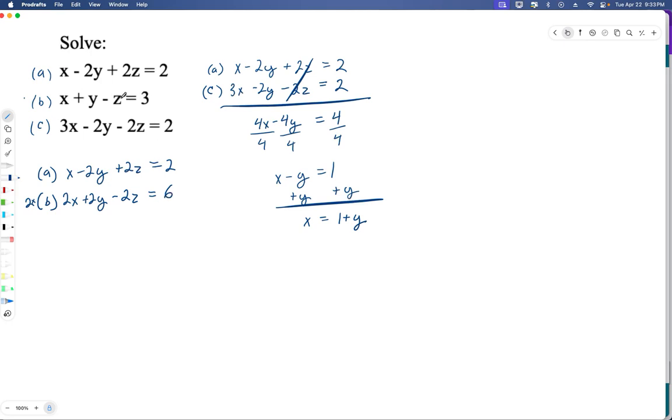Put a 2 in front of each of these and multiply that by 2. So now when I combine those, this cancels and this cancels. I have 3x is equal to 8. So I'm going to divide everything by 3. X is equal to 8 over 3, and that is correct.